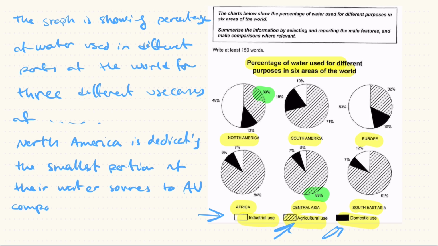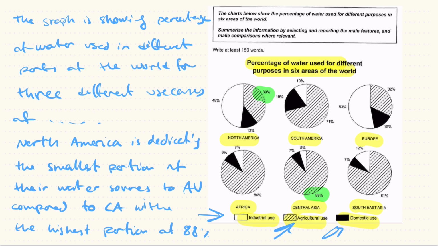Compared to Central Asia, CA, with the highest portion or the biggest portion of 88% going to agricultural use. So that is, without going into too much detail, we already described important details, and we summarize the information about these graphs. And you can essentially follow this recipe for domestic use and industrial use as well.